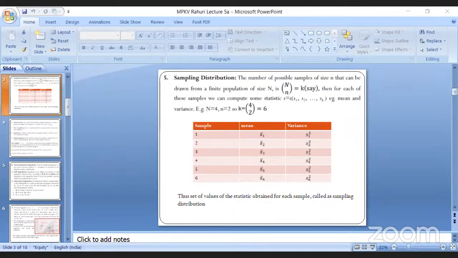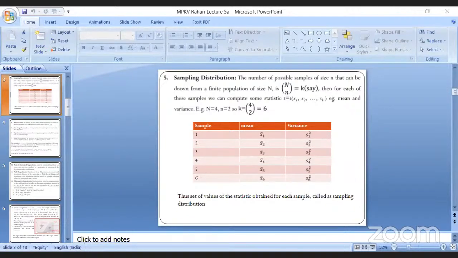So for that we have to know sampling distribution. Sampling distribution refers to all the sample characteristics of the taken samples. And in an exam, the set of values of statistics obtained from each sample is called this. Here you are thinking that it is easy, but see, their options will be like statistic, estimator, sampling distribution, and one more word, sample space.